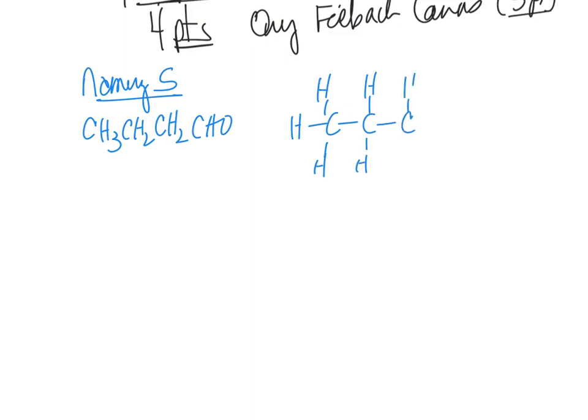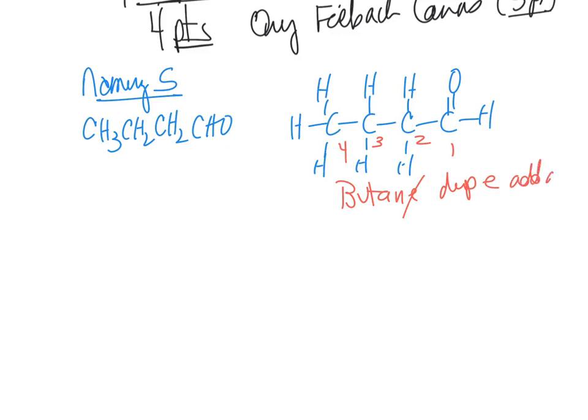That's what you'd want to do first. CHO is an aldehyde. Once you do that, then you name it. Aldehydes get number 1 priority. 1, 2, 3, 4. So butane, we're going to drop the E and add al. So this is butanal. You don't have to put the number for the aldehyde.